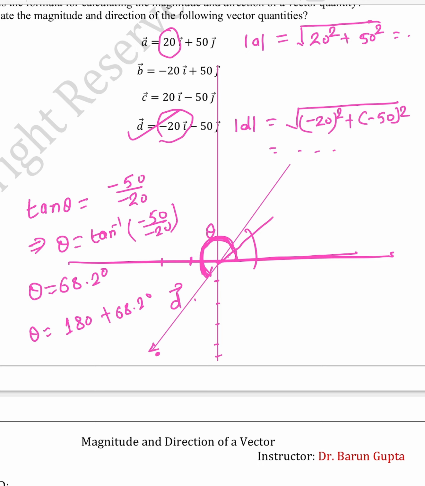Because this is in the third quadrant. If your vector lies in this quadrant, you don't have to add anything. If it lies in this quadrant, you add 90 degrees, and in this quadrant, you add 180 degrees. If it lies in this quadrant, you add 270 degrees. That's how we find the magnitude and direction of a vector.